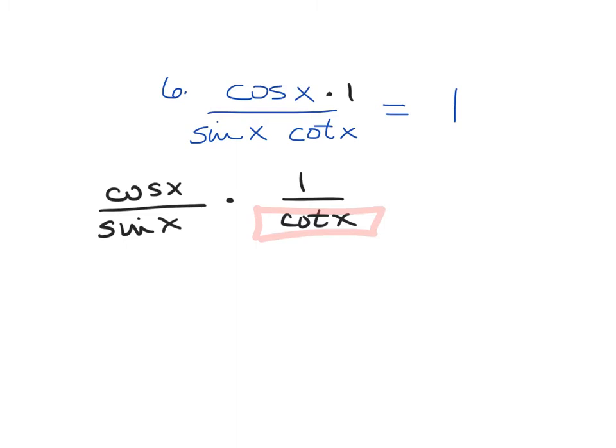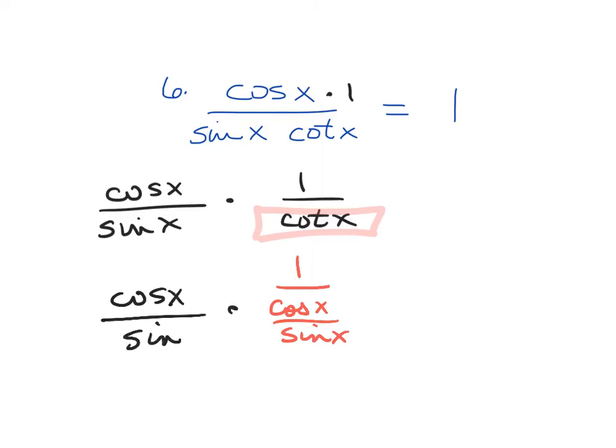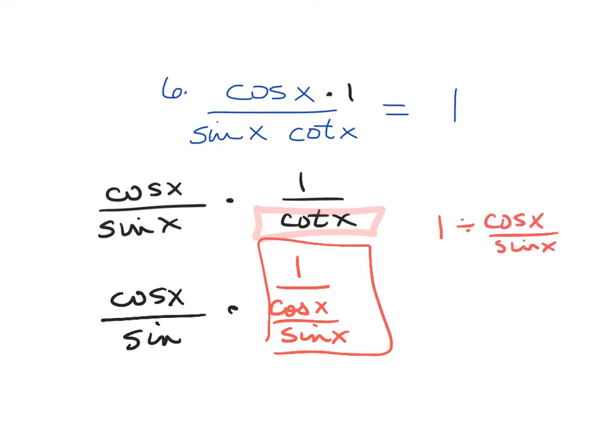And cotangent, I'm going to use my quotient identity. And this is going to become cosine x over sine x. I still have this one. Now I'm going to flip this fraction. So the red, when I do 1 divided by cosine x over sine x, flip it to the reciprocal.